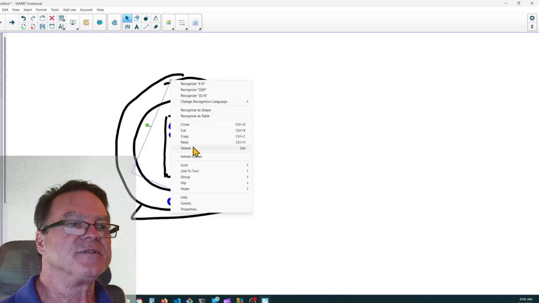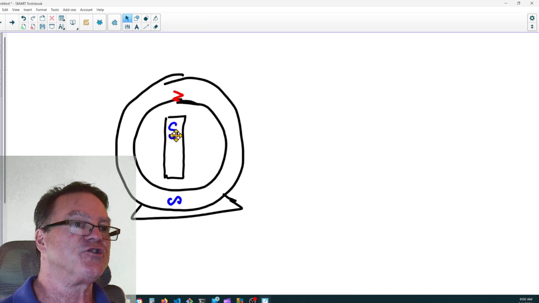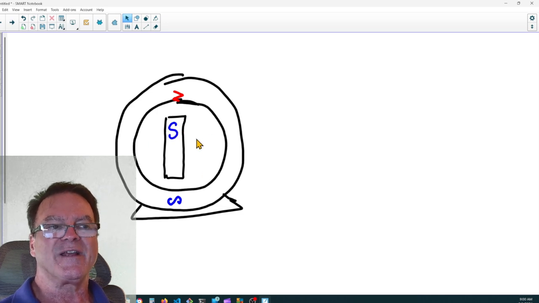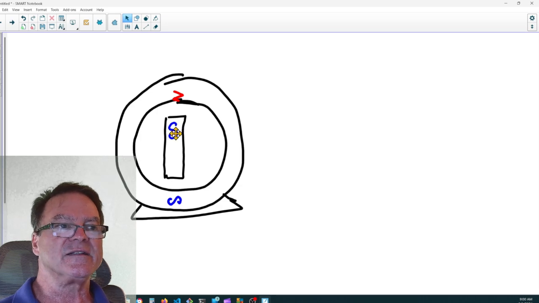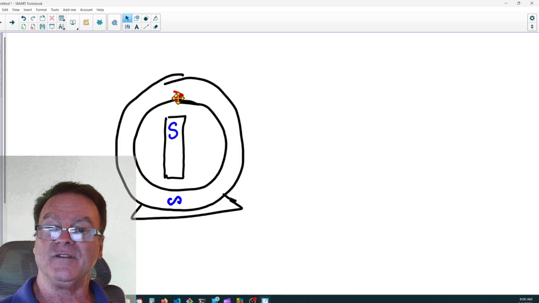And when that happens, we no longer have that attraction. So what I'm saying is that the rotor can never become synchronous. It can never get to synchronous speed. When it does get to synchronous speed, it's not going to be cutting lines of flux anymore.